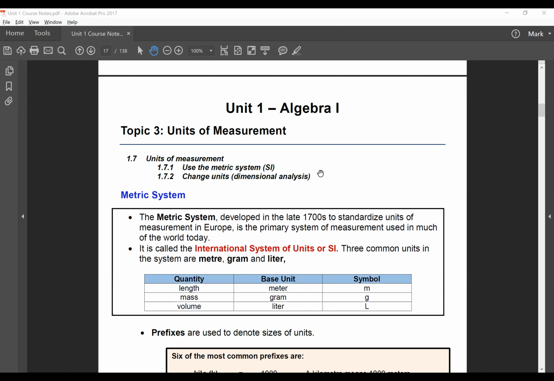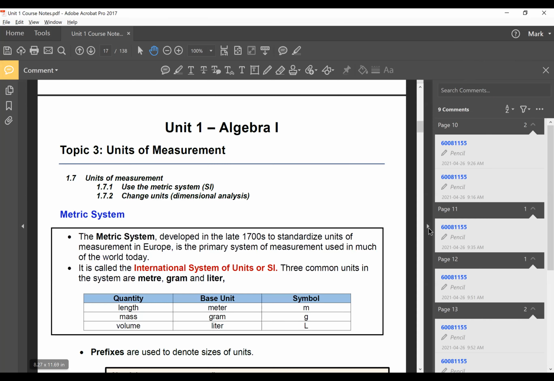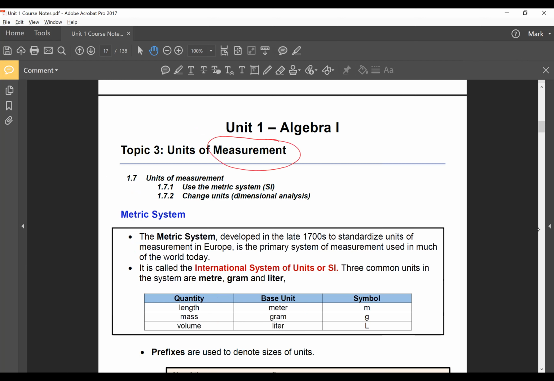A unit is kind of what describes what a number is. So any number or any measurement, as we would call it in science, is a unit of measurement. Let me get my drawing tool here. When we talk about measurement, it actually comes with three parts, really.